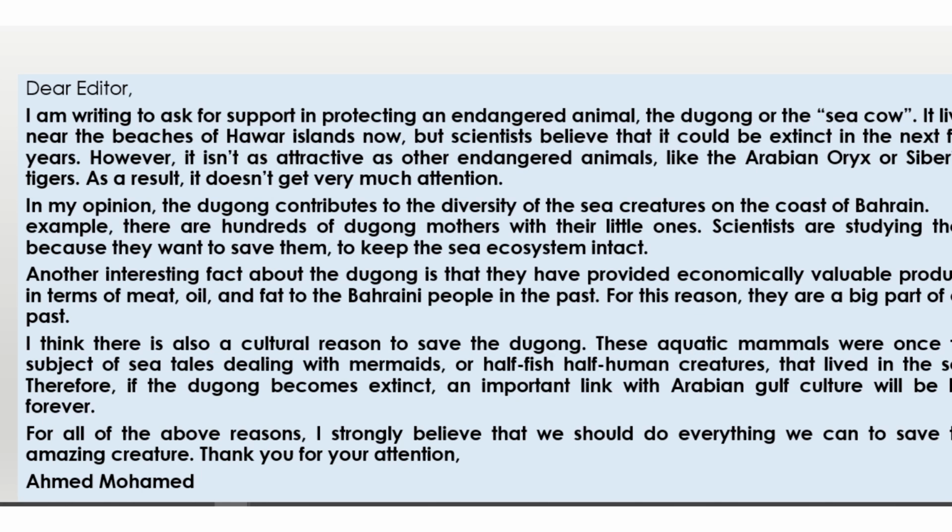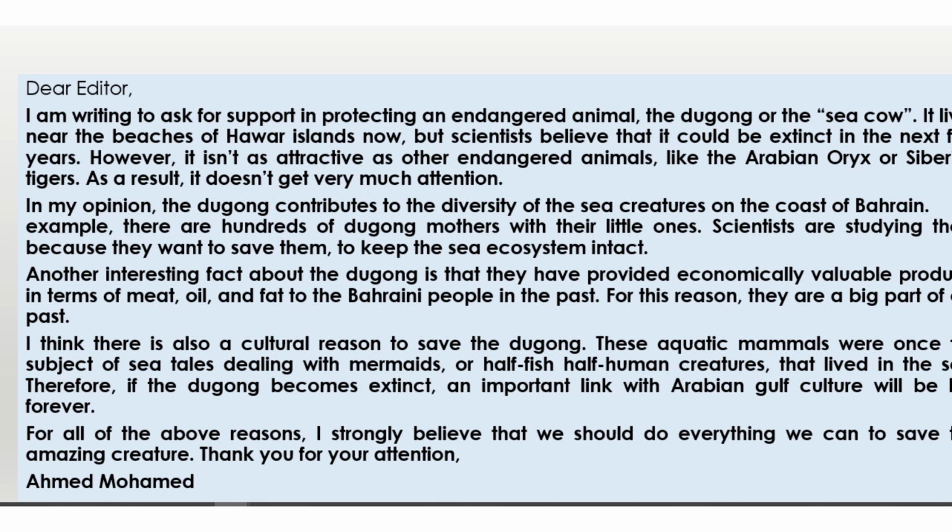Sea ecosystem intact here means the ecological system, the environmental system of the sea intact, in organization, in order. Another interesting fact about the dugong is that they have provided economically valuable products in terms of meat, oil, and fat to the Bahraini people in the past. For this reason, they are a big part of our past or our culture.